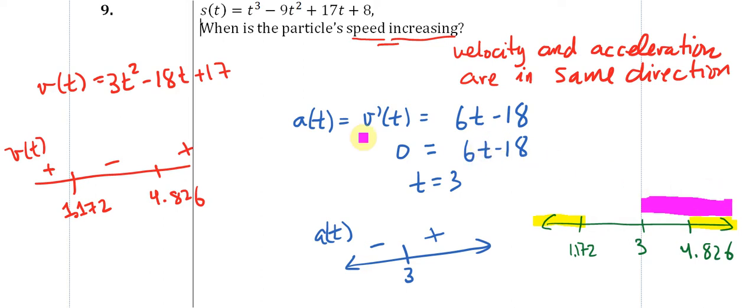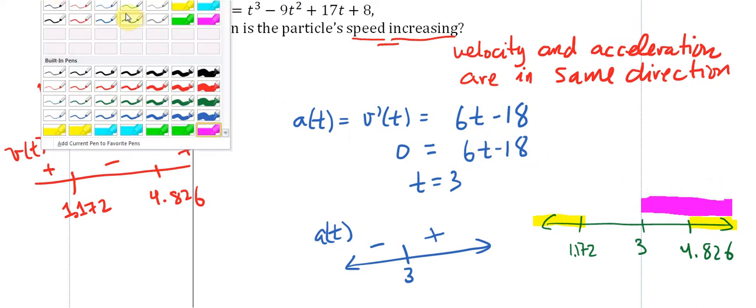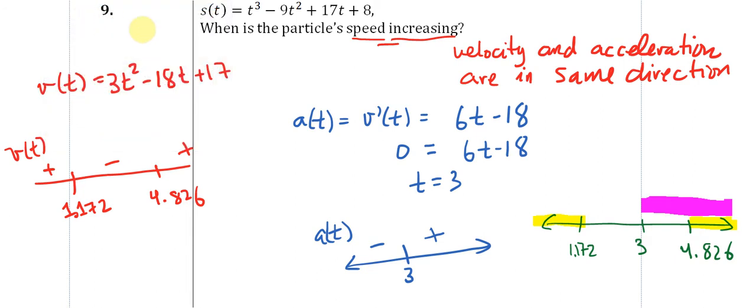So the section where the velocity and the acceleration are both positive would be this block right here. Really from 4.826 onwards, the velocity and acceleration are both positive.